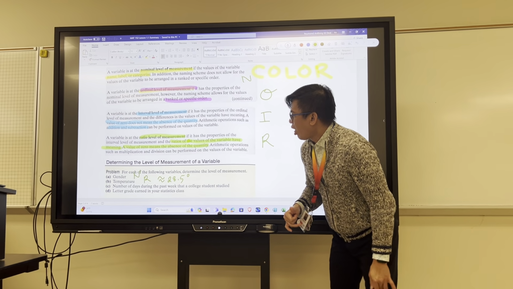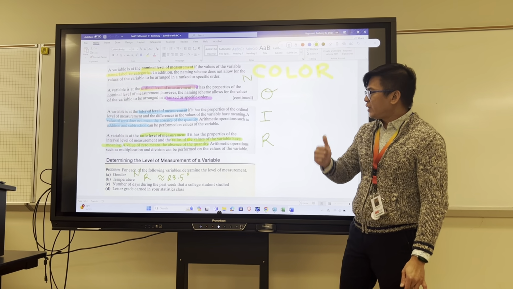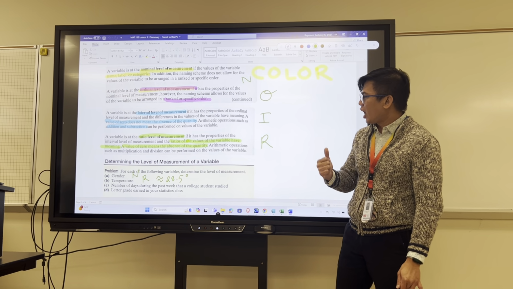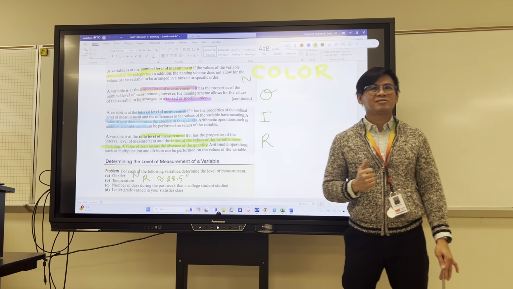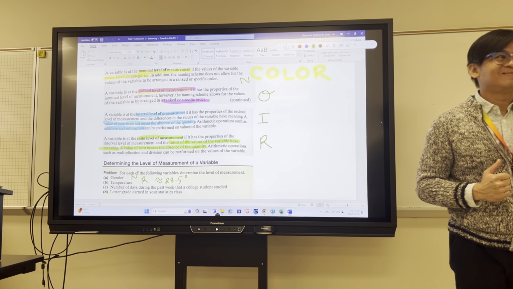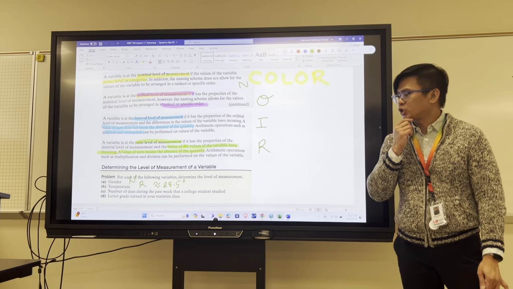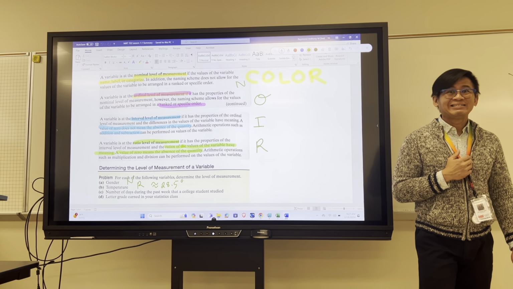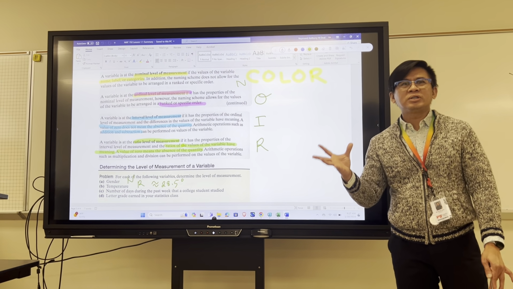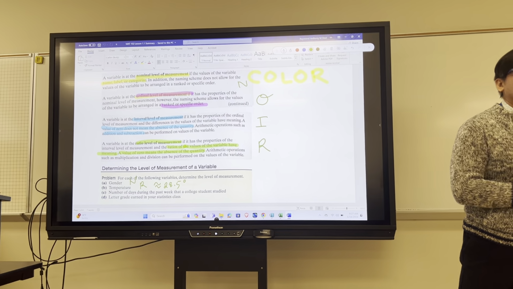Next one. Number of days during the past week that a college student studied. Is it a number or is it a characteristic? Now, if it's a number, can it be a fraction or can it not be a fraction?